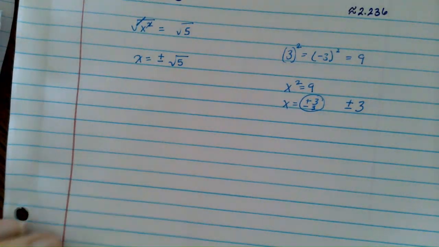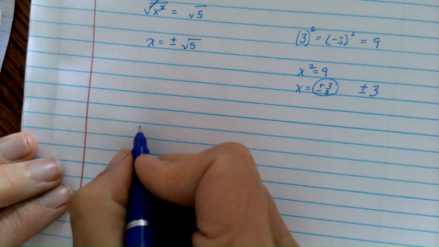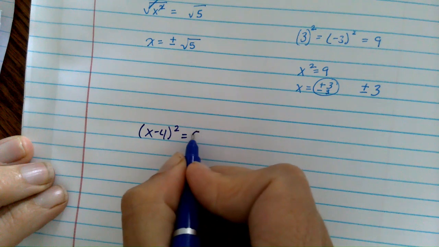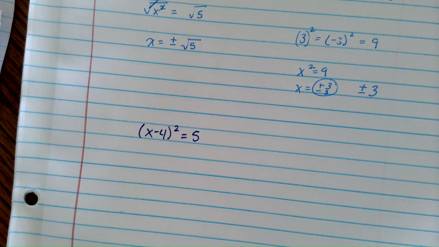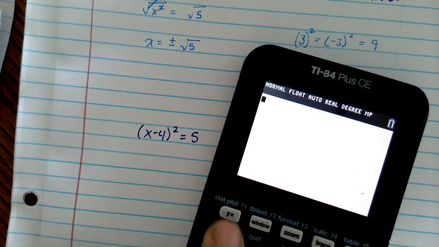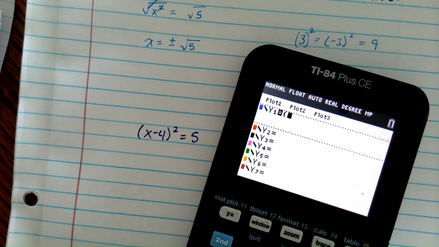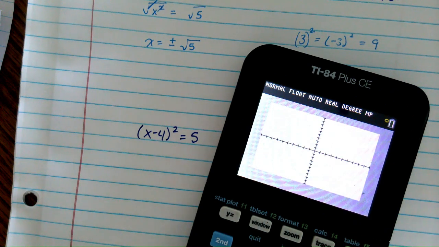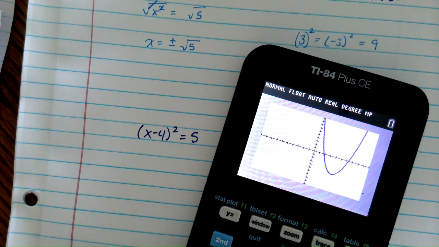So, what if I had this? Notice how I'm not doing any algebra except moving that one thing over. Again, decimal answers. Okay?